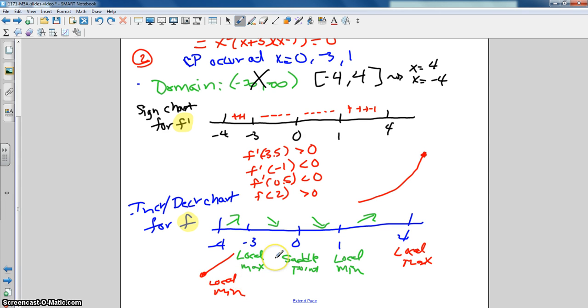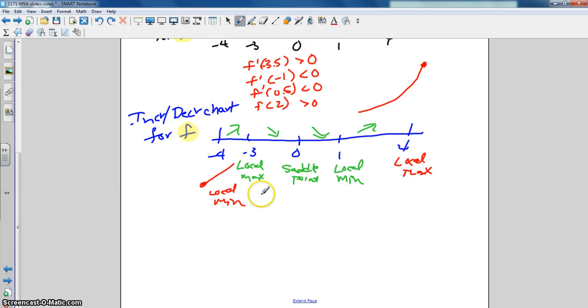So I've classified the local extrema, but remember that since we're on a closed interval, and following the flowchart, the domain is a closed interval, we have to classify the global extrema by making a list of function values. So I'm going to make an x and f of x table.